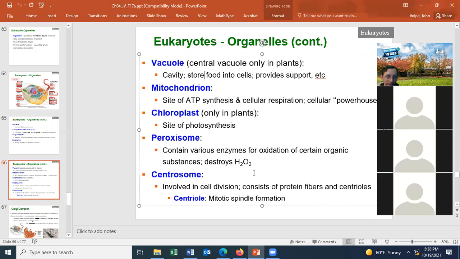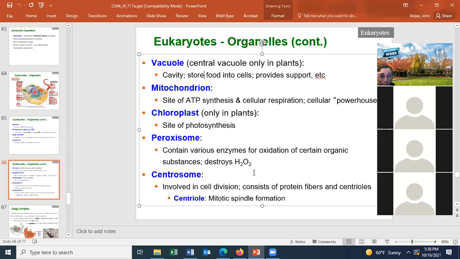The chloroplast is only found in plant cells or plant-like protists, and it's the site of photosynthesis. So if a plant cell undergoes photosynthesis, it has to have a chloroplast. Any question about that?